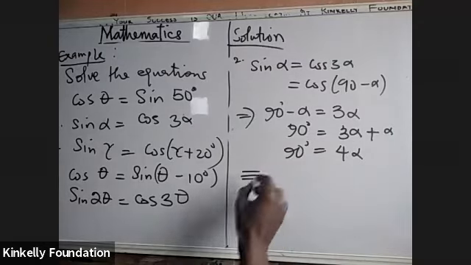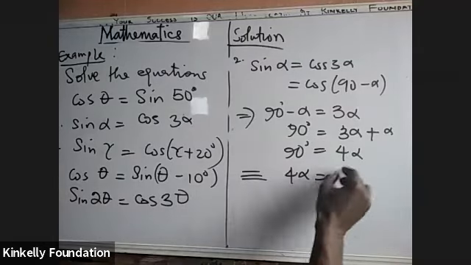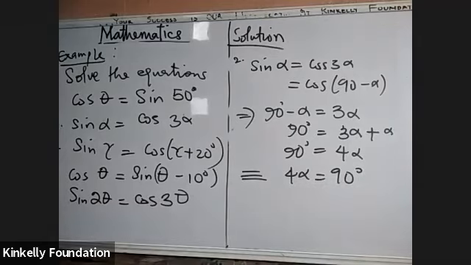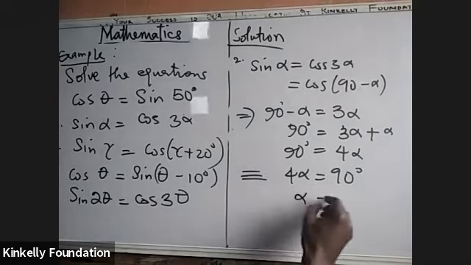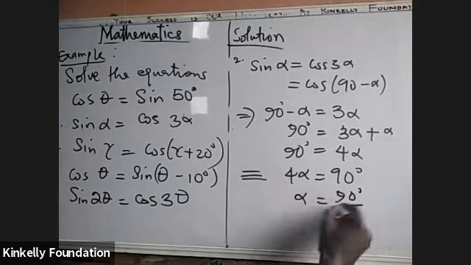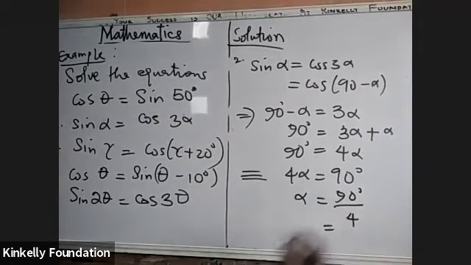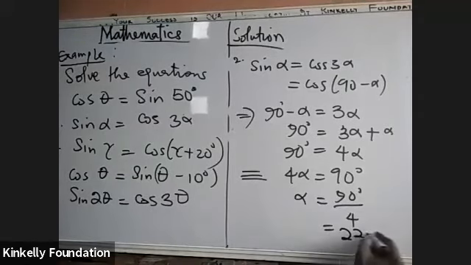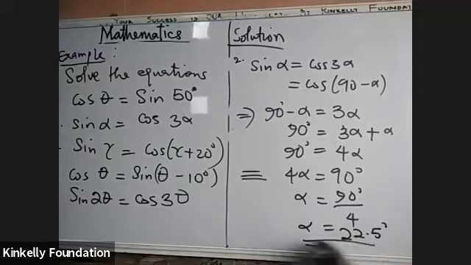To find alpha, I have 90 degrees divided by 4, and it gives us 22.5 degrees, that is the value of alpha.